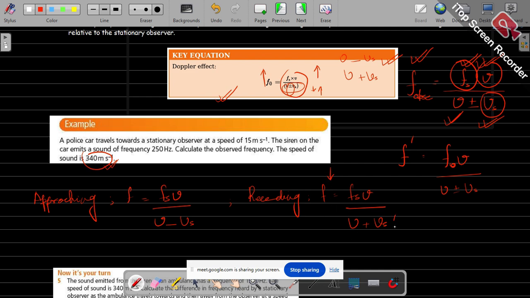When the denominator is bigger. And when will the denominator be bigger? When we have a plus in between. It's up to you. Either remember that minus comes with approaching and plus comes with receding. Clear? Now that we have a clear understanding of when to use which formula, let's solve one example problem here.